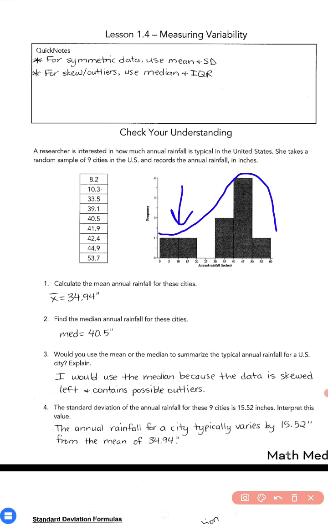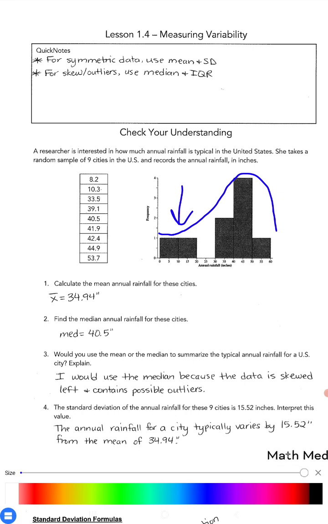I'm going to use the median. Okay? And then lastly, question number 4, the standard deviation for these cities, they've already calculated for us, is 15.52. What does this mean? Well, this tells me that the annual rainfall for a city typically varies by 15.52 inches from the mean of 34.94 inches. So if you think about it, on your graph, here's your mean.